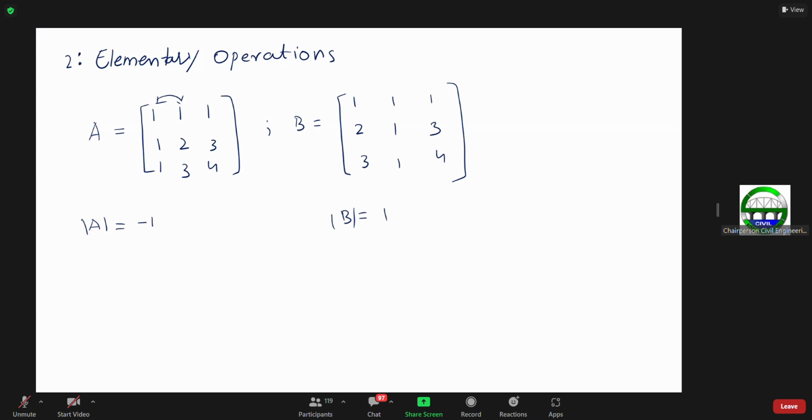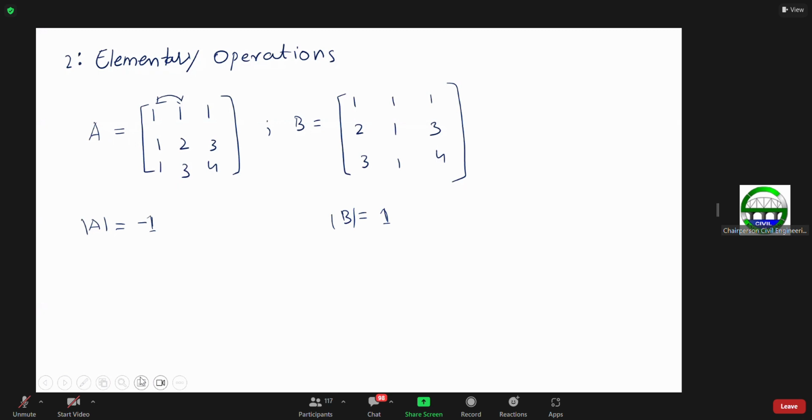It is minus 1 for this one, and 1 for the other. Okay, determinant of A is minus 1 and B is equal to 1.